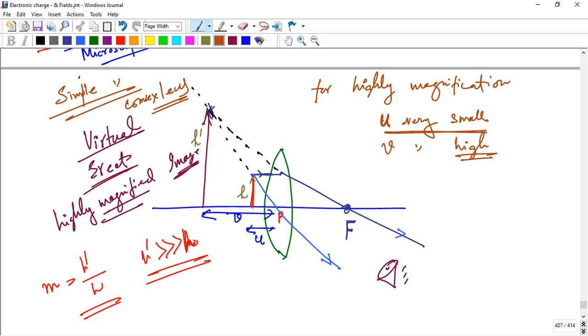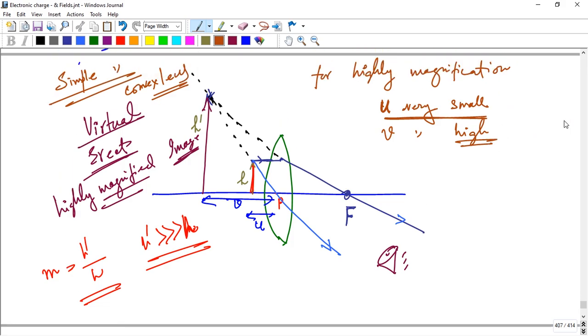Now we derive some magnification formula here. So we know that m is equal to h dash by h, image height by object height, and also m equals v by u.